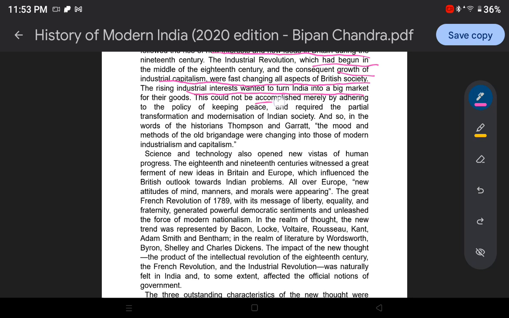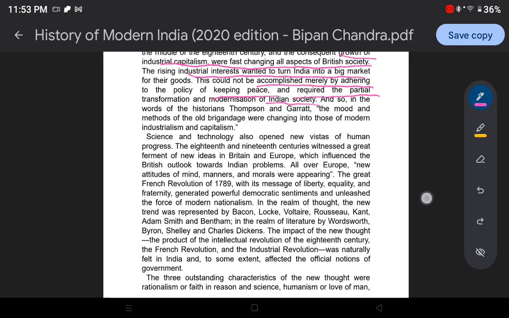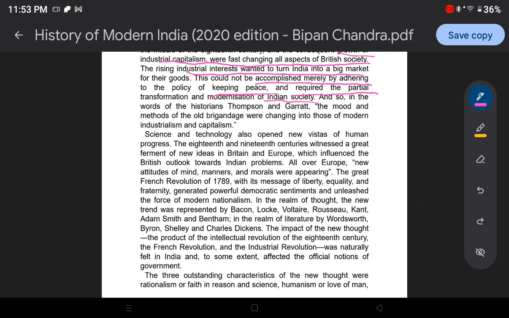This could not be accomplished merely by adhering to the policy of keeping peace and required the partial transformation and modernization of Indian society. And so, in the words of the historians Thompson and Garratt, the mood and methods of the brigandage were changing into those of modern industrialism and capitalism.